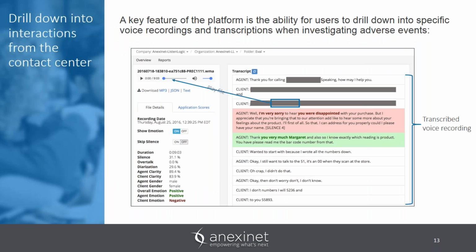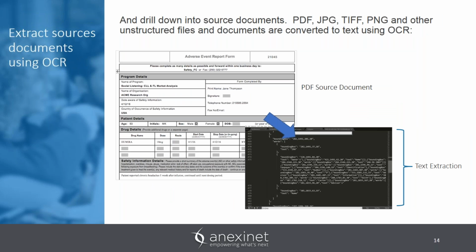A key differentiator is the ability for users to drill down into specific voice recordings when investigating AEs. This is an image of the voice transcription drill down. As we previously discussed, pharmacovigilance experts can drill down into source documents such as PDFs, JPEGs, TIFFs, and PNG files.